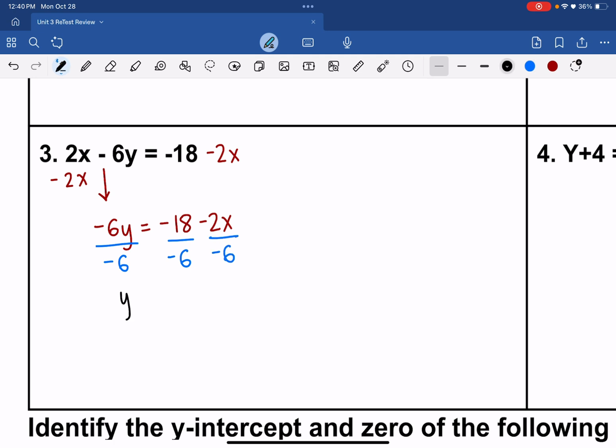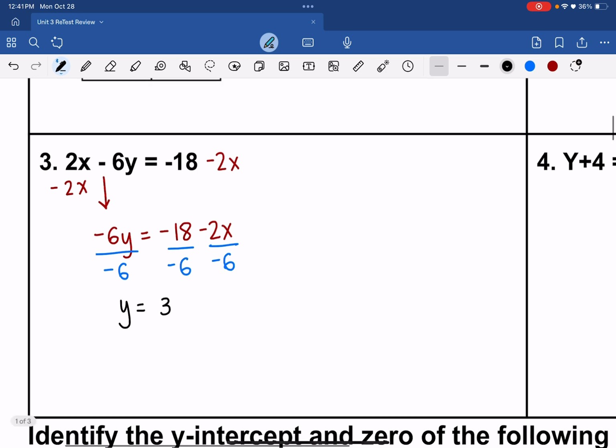So y equals negative 18 divided by negative 6, which is a positive 3. Negative 2 divided by negative 6 is a positive 1 over 3x. So this is our equation of the line, but our slope of this line is 1 over 3.